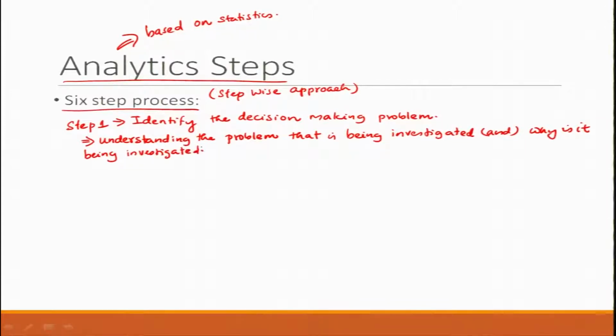So, at this juncture what we are supposed to do is identify the decision making problem, identify why it is a problem and why it is being investigated.